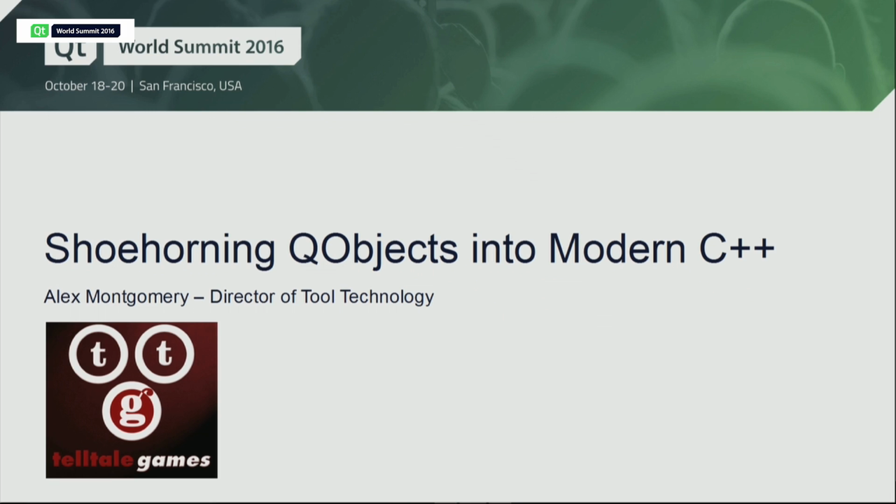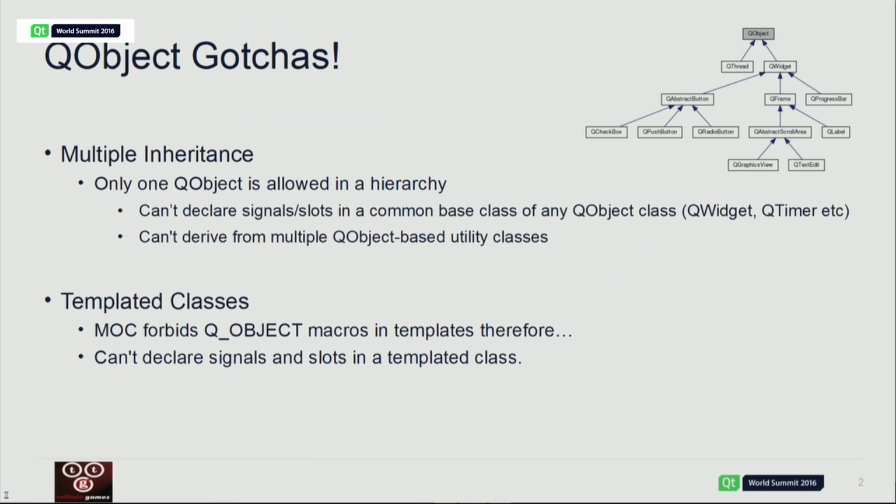But in the process of writing our tools, we've run across quite a few conflicts with modern C++, kind of C++11 concepts, with getting it to work with QObjects, especially in Qt. So we're going to be discussing a few of those topics and the workarounds and the ways that we've found to fix those issues, and then talk a bit about where Qt is going and hopefully how Qt will fix this themselves.